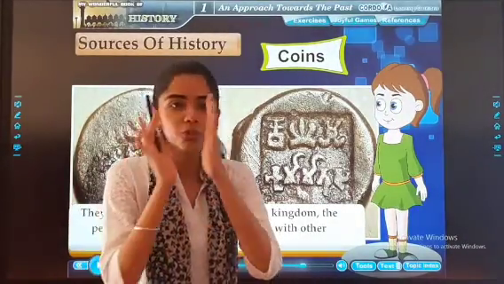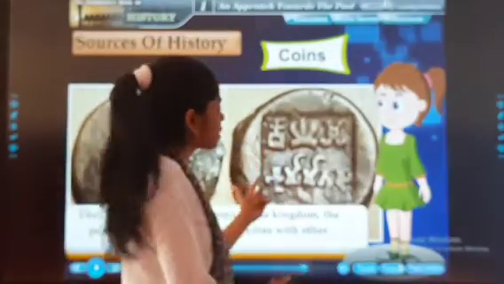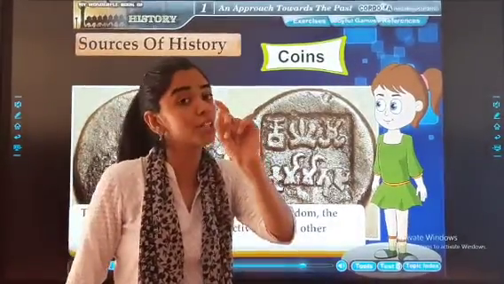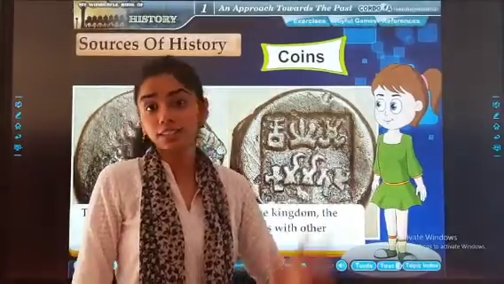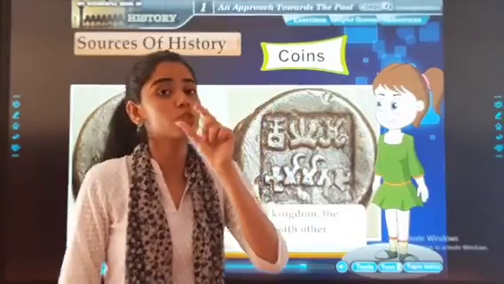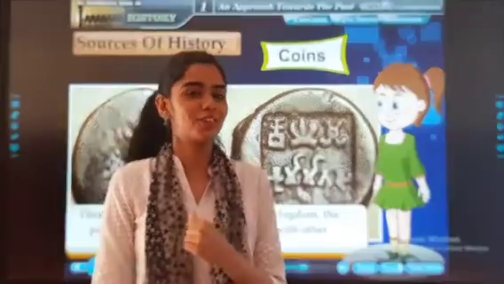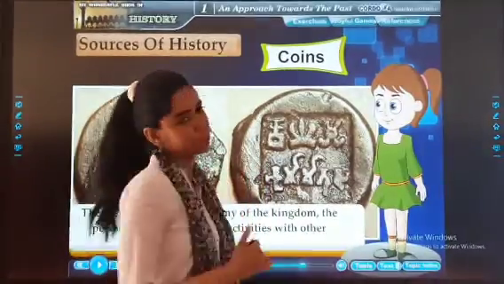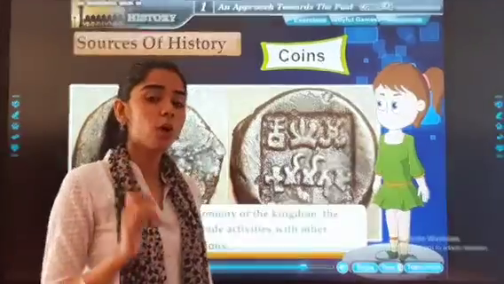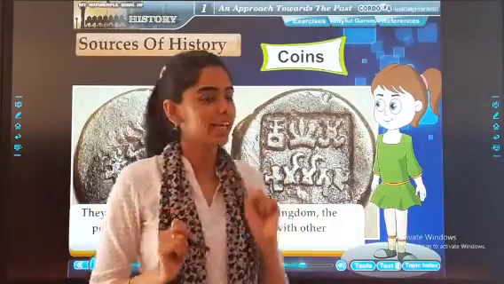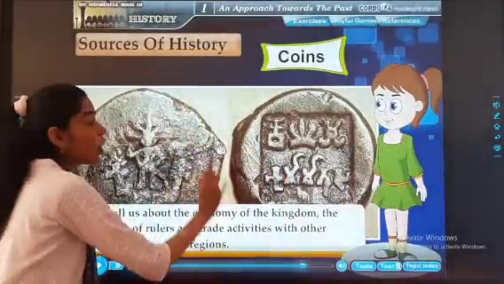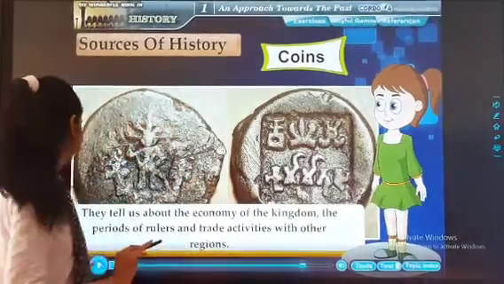That means during different kings, during different kingdoms, there were different kinds of coins used. And during some time, the coin was of gold, at some time it was of copper and so on. And now we are using the latest one. So the coins are very important and they tell us about what? The economy of the kingdom.